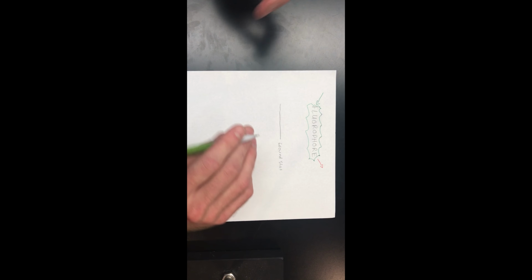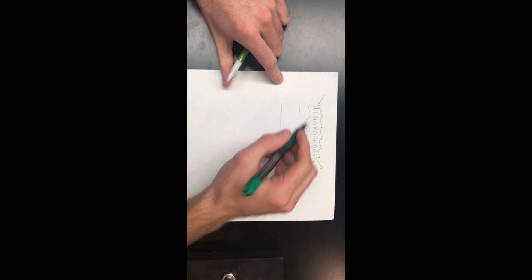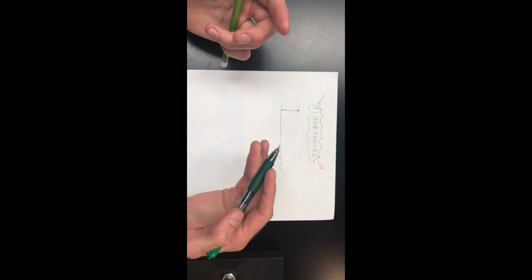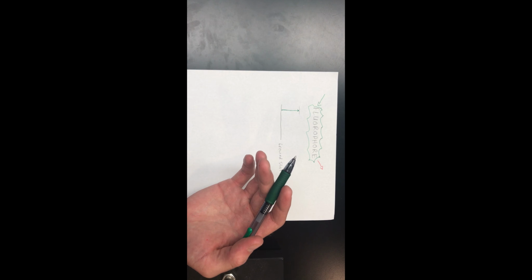The next is a more unstable, excited state. When we excite this fluorophore with this wavelength of light, we're actually exciting the electrons and elevating them to a higher and more unstable energy level.